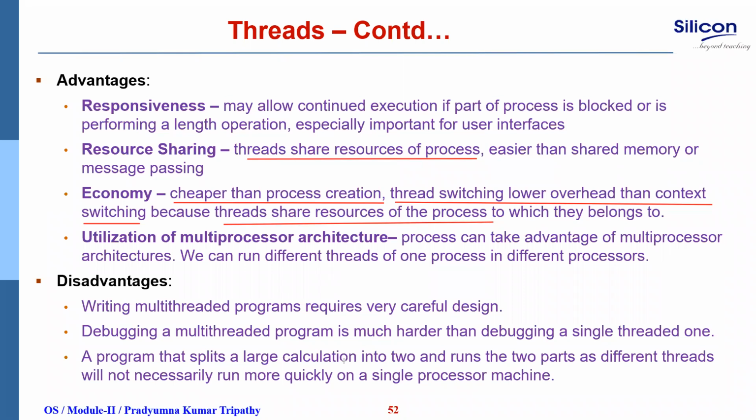If I have to sum 10 numbers and do it by dividing into threads, that will take more time. In many cases it will run quickly, but not necessarily every time.